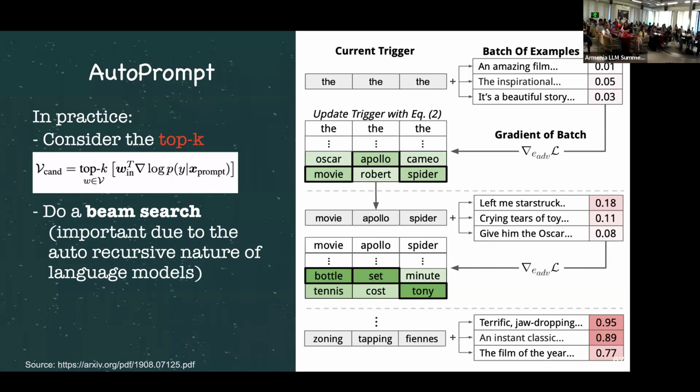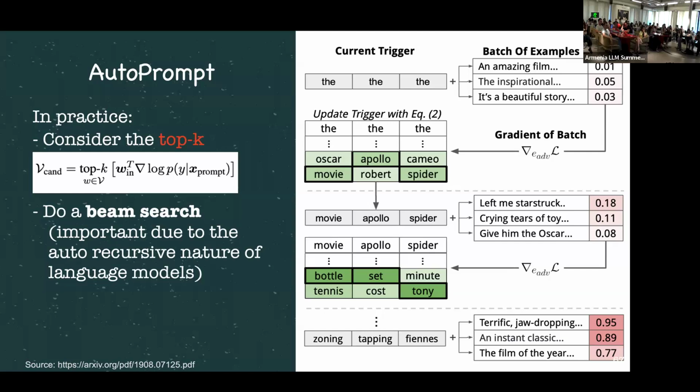For the first token, it tells you that movie is the one that has the smallest gradient coordinate, so that's a good candidate. For the second one, it tells you Apollo and Spider, etc. You can use this information to update your trigger, and then at least to first order approximation it should be better. So you try again.